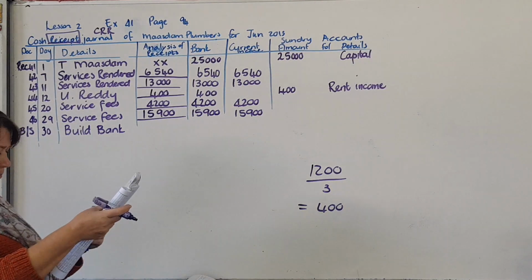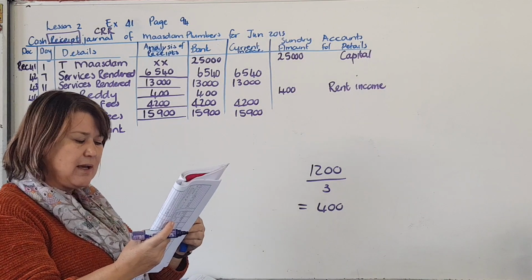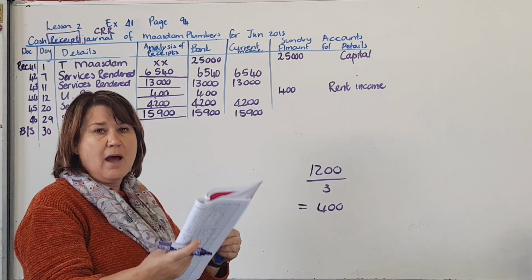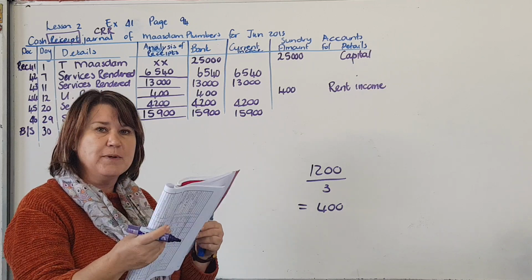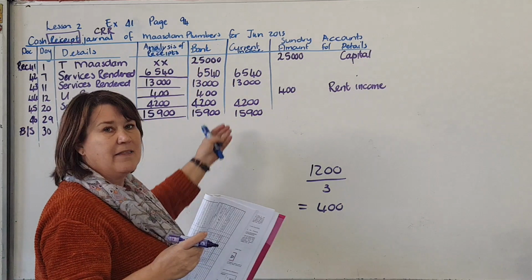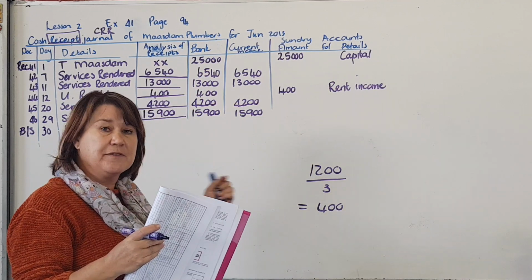Alright, so from Build Bank, we've earned interest on our current account. Remember, a current account is my check account. So this business needs to open a check account, and he did. That's why he can put money into his bank account every time he receives money.